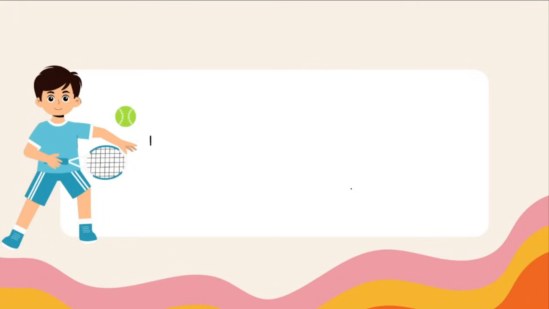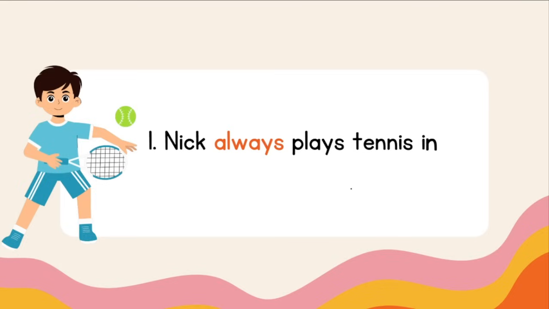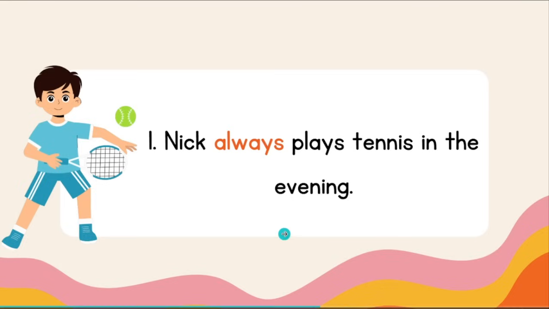So look at this example. Nick always plays tennis in the evening. So the word always is our example of adverb of frequency. So maybe Nick is doing that every night. So that's why they use the word always. Another example.